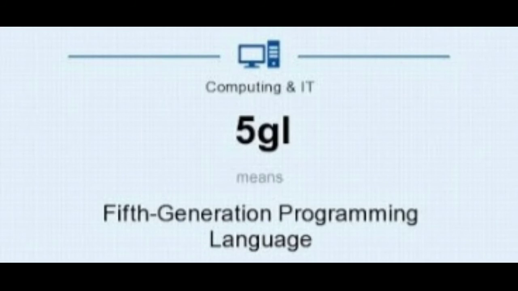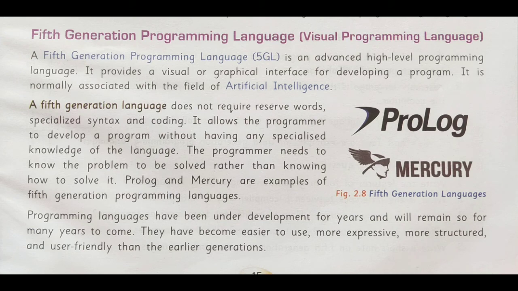So what is a fifth generation programming language? A fifth generation programming language or 5GL is an advanced high-level programming language. It provides a visual or graphical interface for developing a program. It is normally associated with the field of artificial intelligence. A fifth generation language does not require reserved words, specialized syntax and coding.